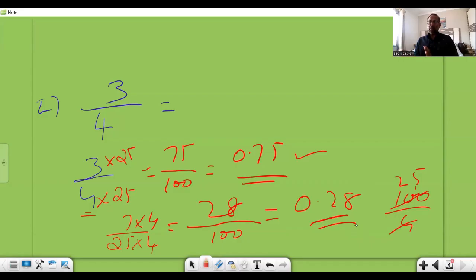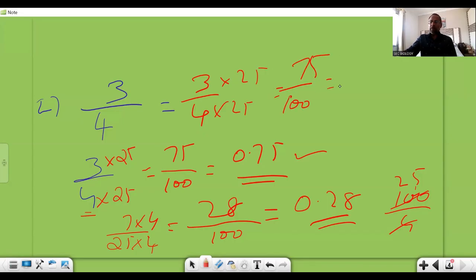Fraction to decimal, decimal to fraction. There is an easy method for that. Look here, 3 by 4. You want to make this into a decimal, no? Yes, you can divide. We studied 4 into 25 is 100. That means 75 by 100, which is 0.75.